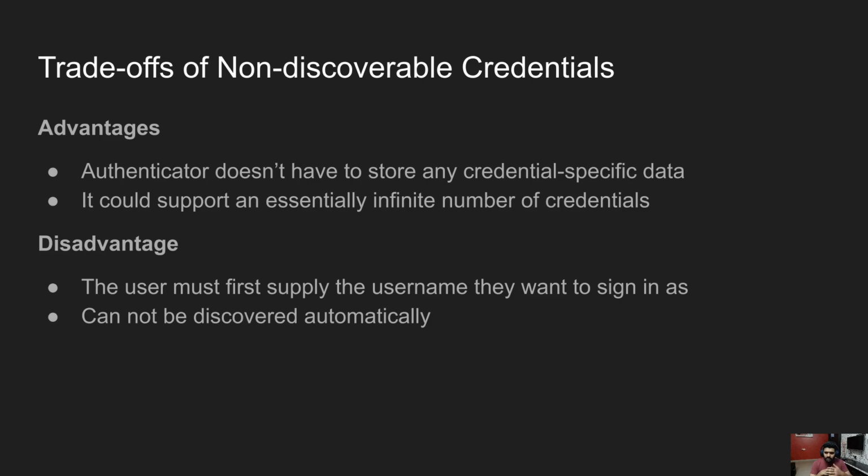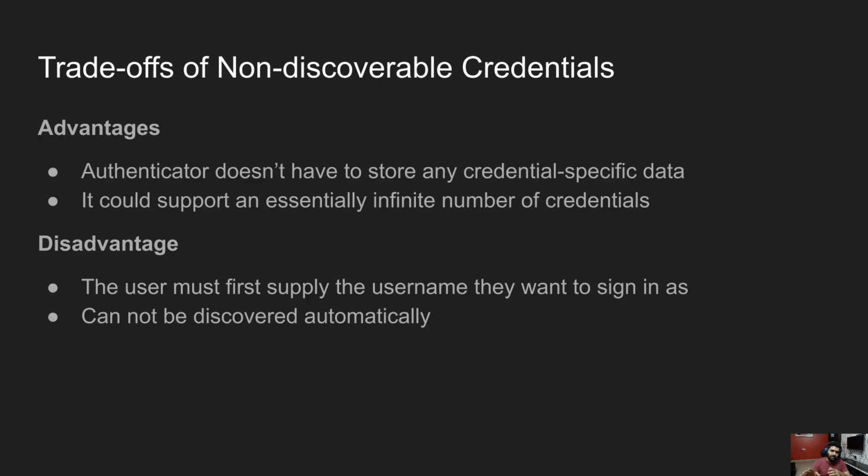The disadvantage is the user needs to supply their username whenever they want to sign in using WebAuthn, because the RP server needs to provide the encrypted private key as well in the authentication flow, and without user ID, it can't provide.